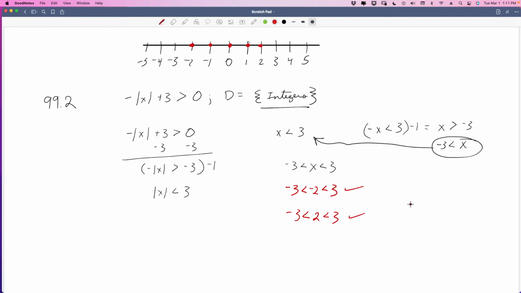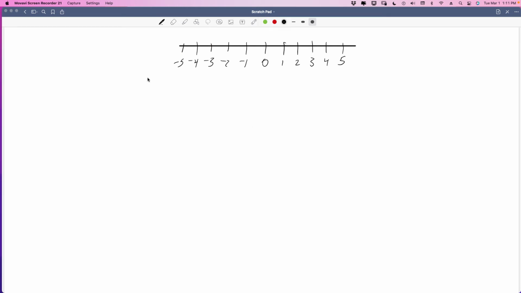So let's move on to absolute value disjunctions. That's where they are not connected or overlapping one another. So with a disjunction, we're going to have a very similar process. Let's do 99.3.